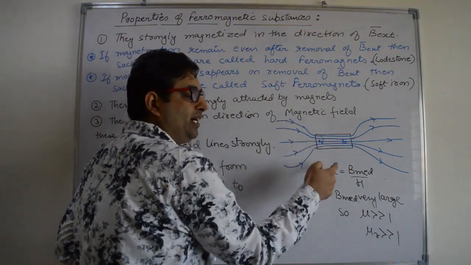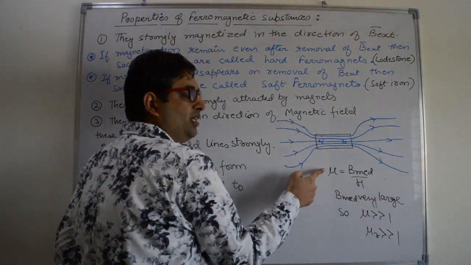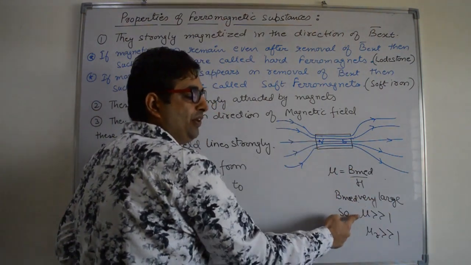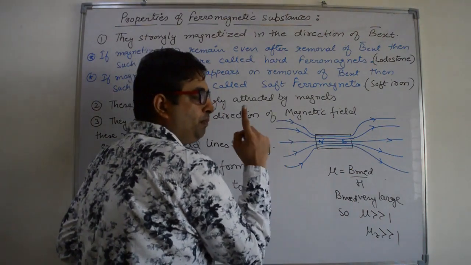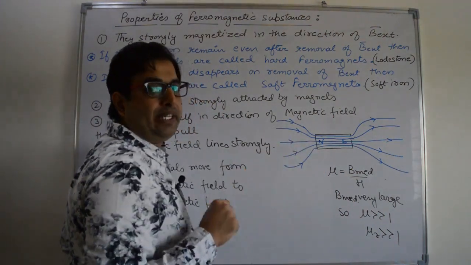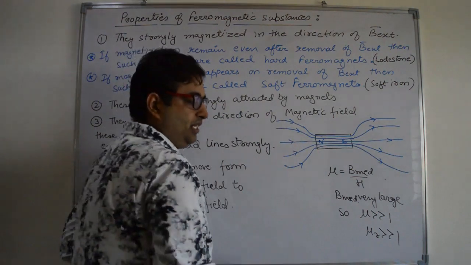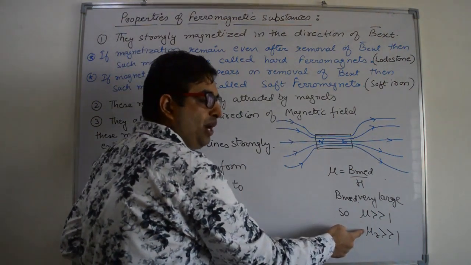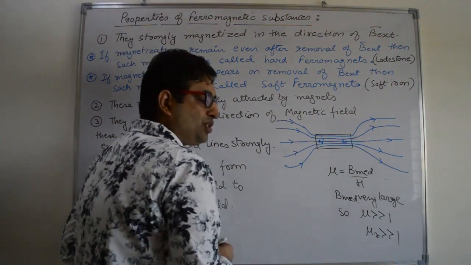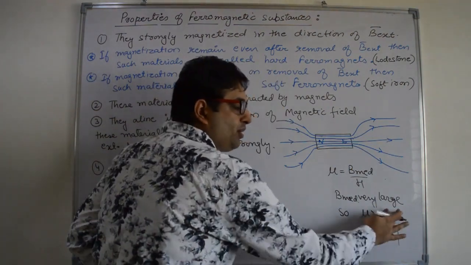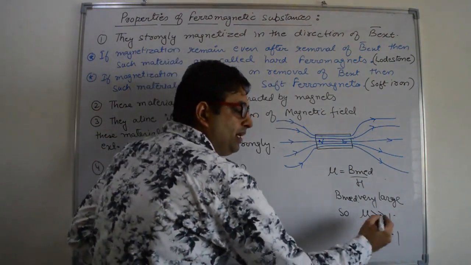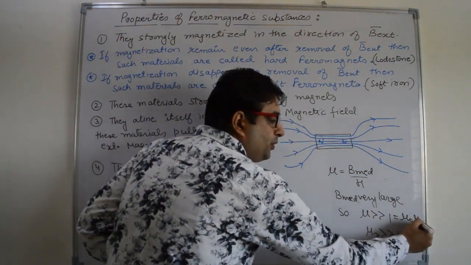If the inside magnetic field is very, very large, then the value of mu will be very, very high. So permeability for this type of material is also large. Or you can say mu r, relative permeability, is also high. Why? Because permeability is mu naught into mu r.